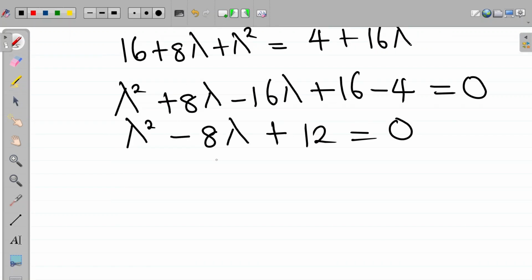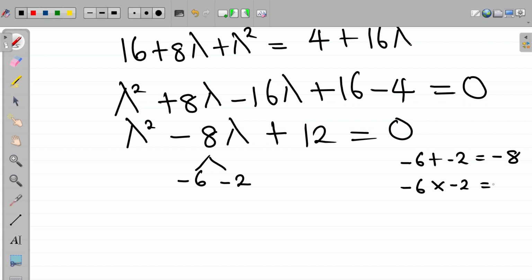Now we have a quadratic equation in lambda, so therefore we look for two values that their product is positive 12 and their sum is negative 8. So such two numbers are minus 6 and minus 2. This is because minus 6 plus minus 2 is equal to minus 8, and minus 6 times minus 2 is equal to plus 12.